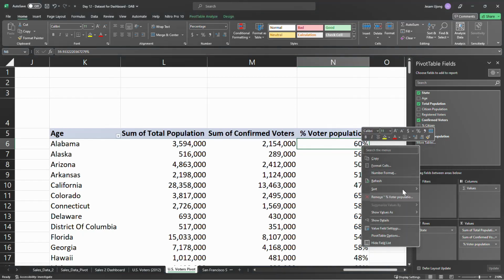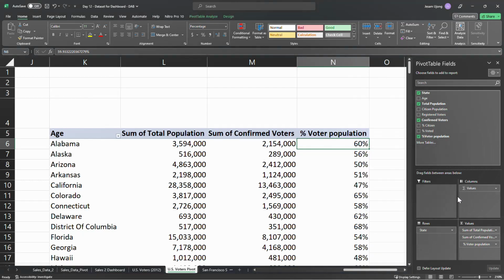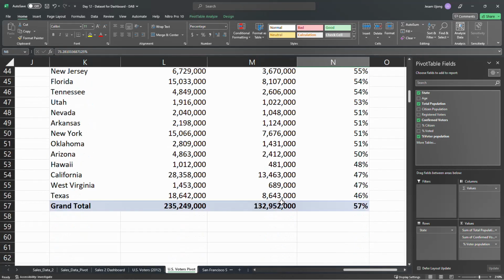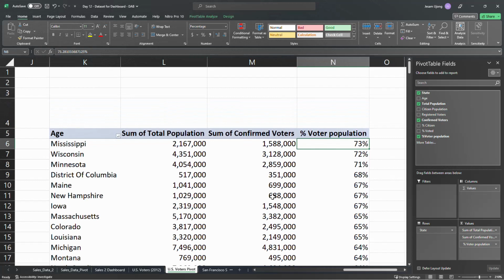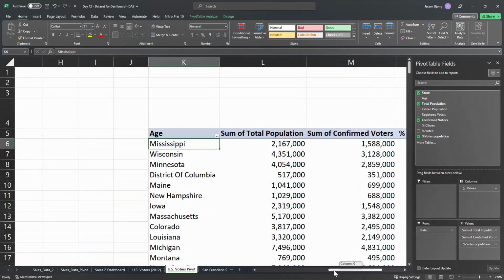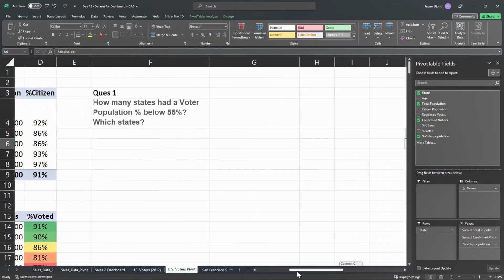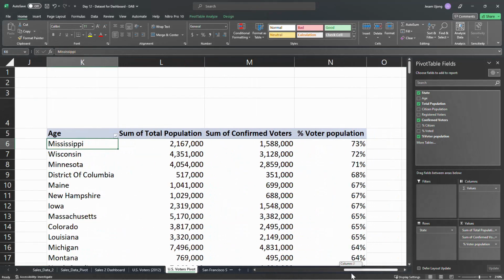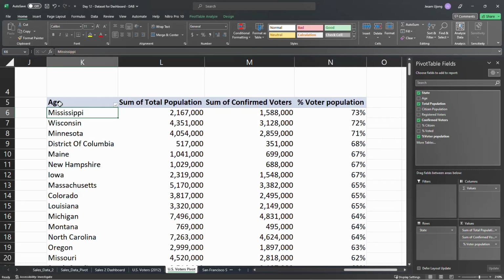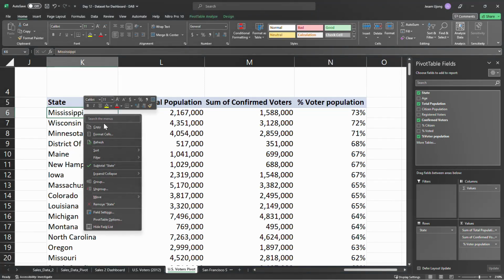Now I'm gonna sort this from the largest to the smallest. Then just quickly, oh, where are the non-people? Okay, so the question is how many states had a voters population below 55%, right? So we're going to put a filter. So I come here under the states, and I right click and I go to filter, values filter.